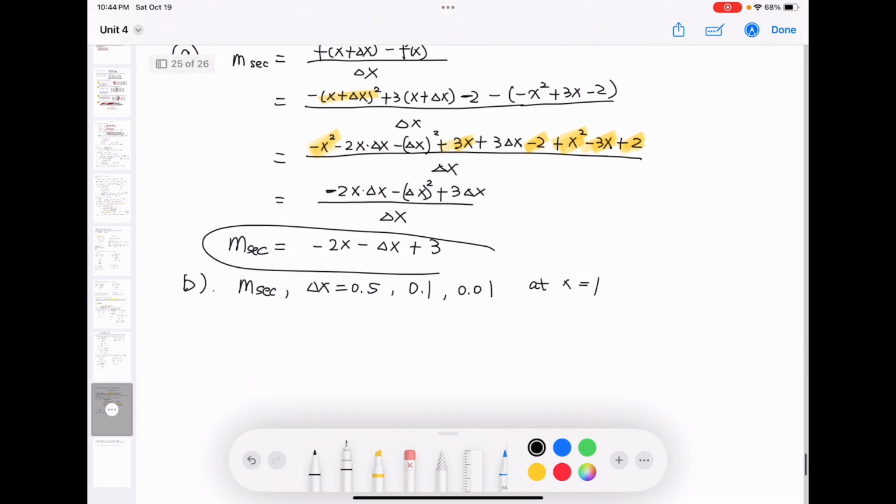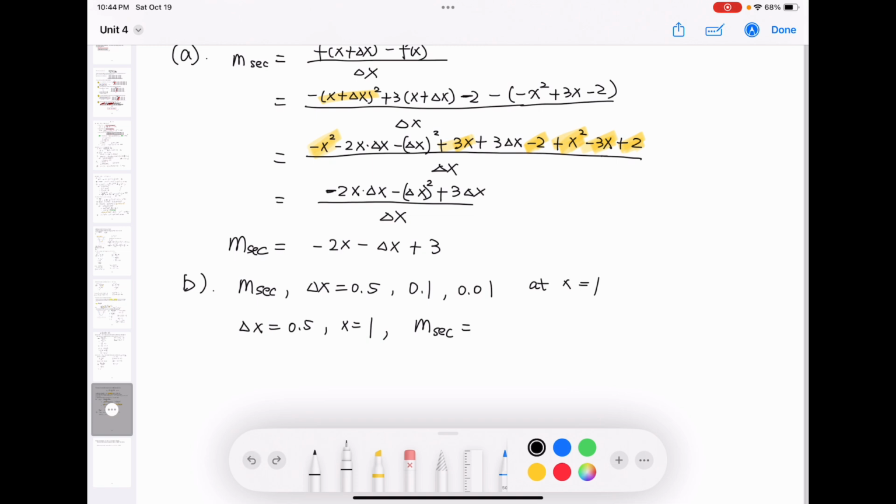So in this formula, if I know the x value and the delta x value, I can find m of secant. So for the first one, if delta x is equal to 0.5 and x is equal to 1, m of secant is equal to negative 2 times x, which is 1, minus delta x, 0.5, plus 3, which is equal to 0.5.